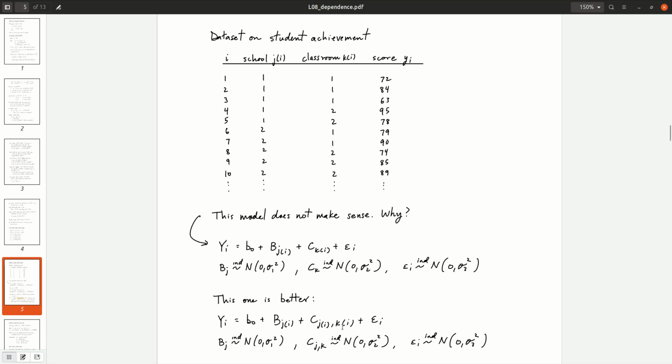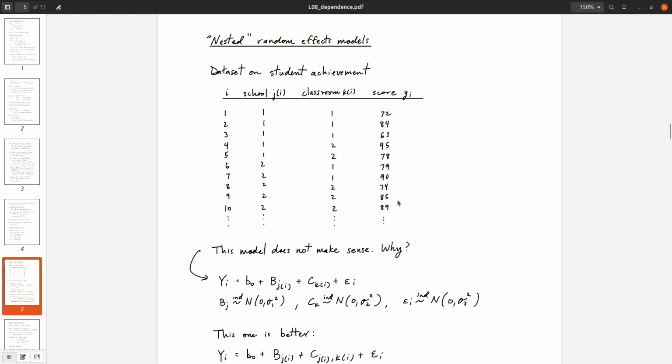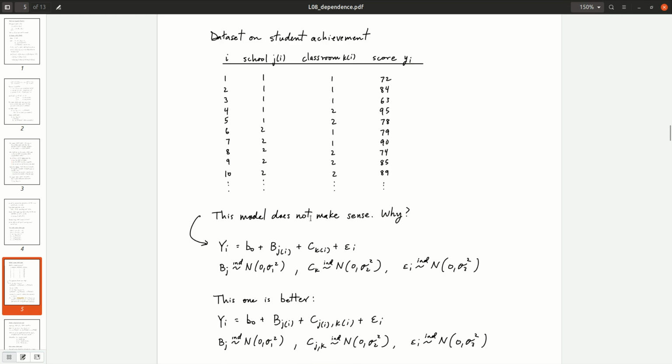This one makes more sense because this would differentiate C11, classroom 1 in school 1, from C21, which is classroom 1 from school 2. Those would get rightly different effects. The reason we're calling this a nested random effects model is because classrooms are quote-unquote nested within school.